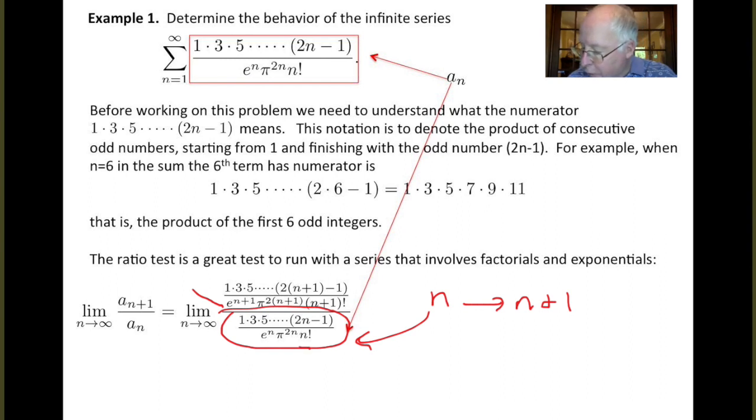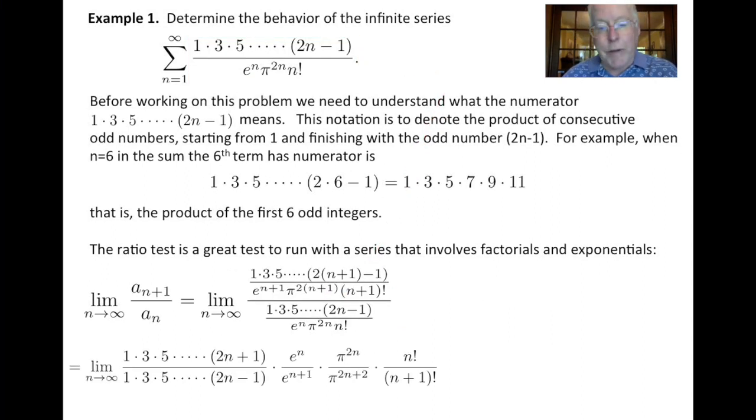N factorial gets replaced by n plus 1 factorial, etc. And even this n in the 2n minus 1 down here gets replaced by n plus 1. We have 1 times 3 times 5, and we finish up at twice n plus 1 minus 1.